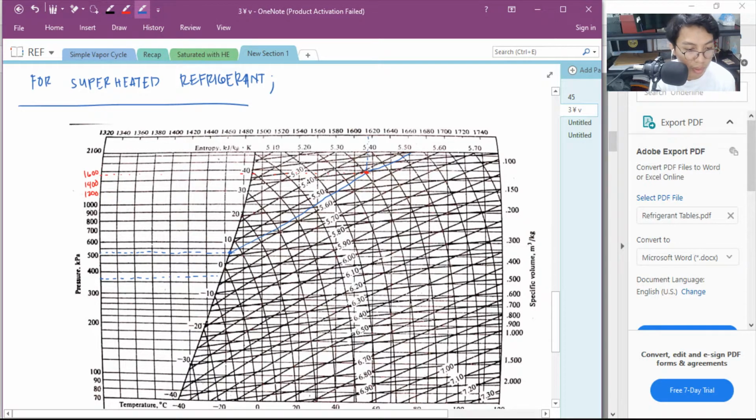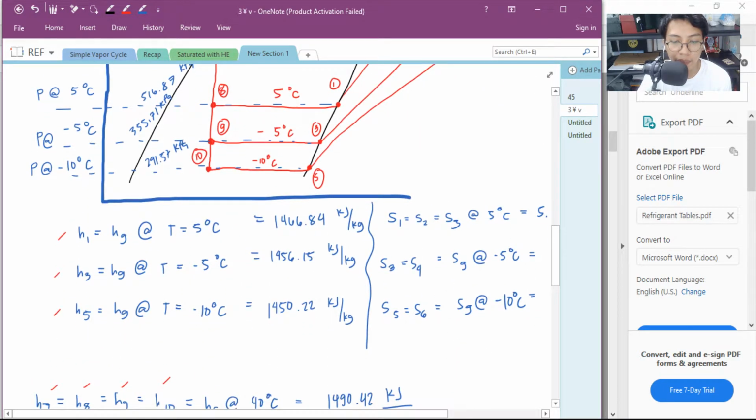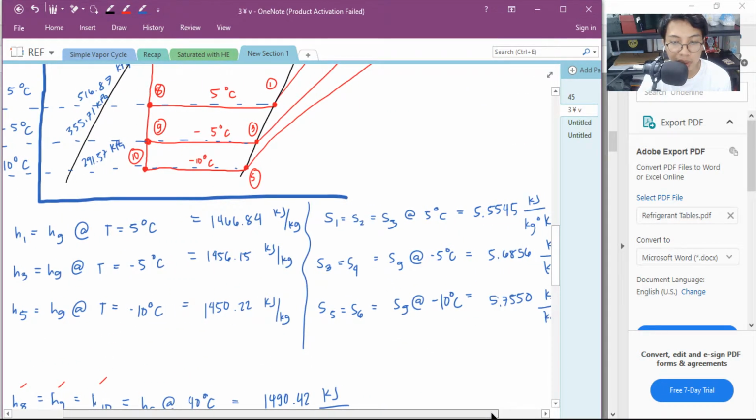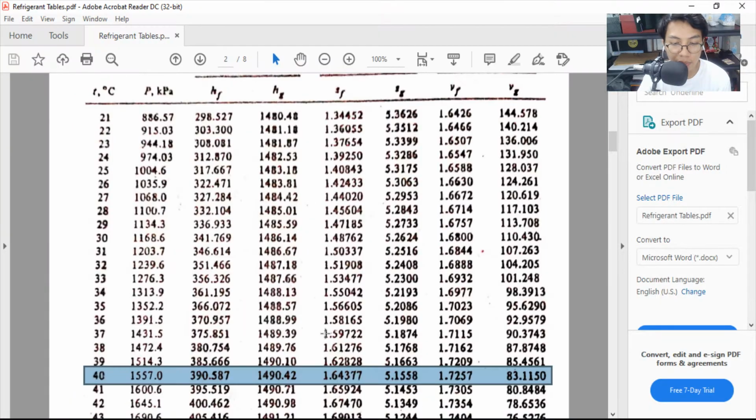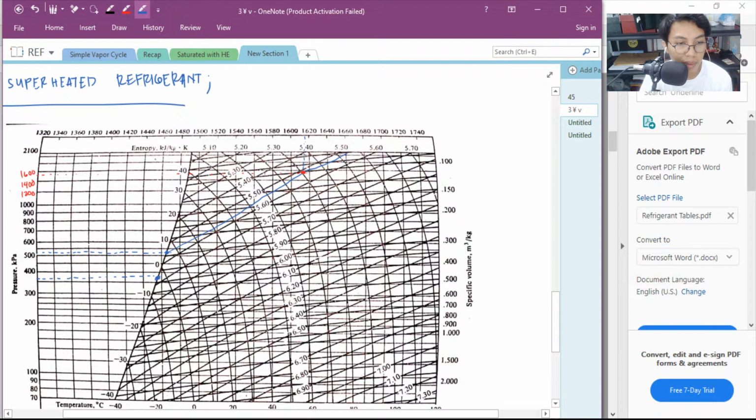Negative 5 nandito. Trace mo, ano yung Sg niya? Ang Sg niya po dyan is 5.6856. O, somewhere here. Malapit na.